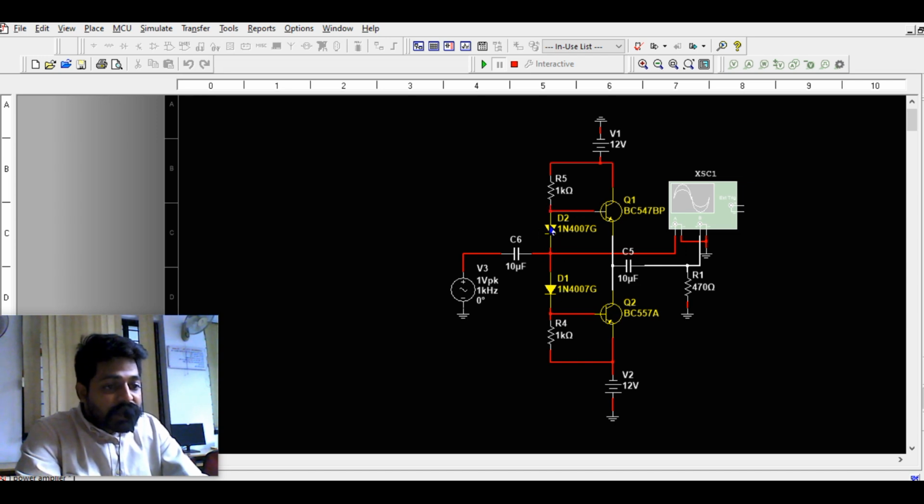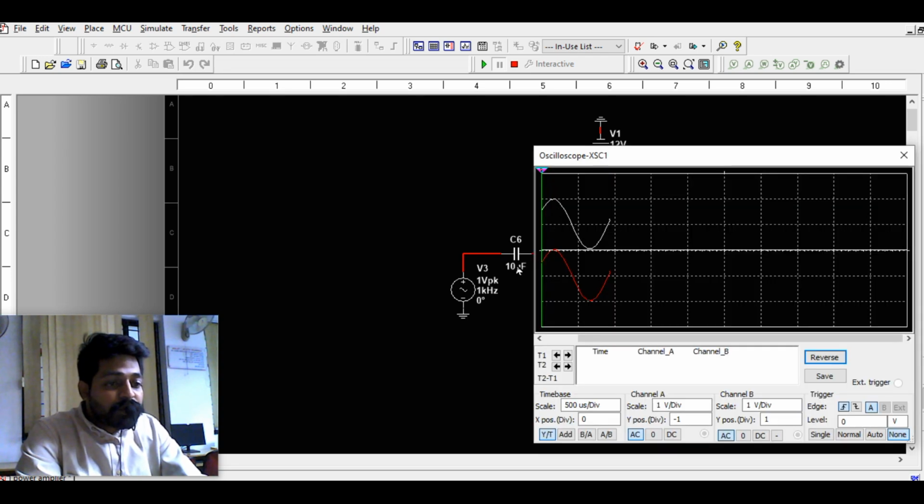Once a diode is in the forward, it has a drop of 0.7, which is enough for this transistor to come out of the cutoff. The minus 0.7 is also enough to bring the other one out of the cutoff, so that whatever input signal we have, we get the output without any clipping or crossover distortion.